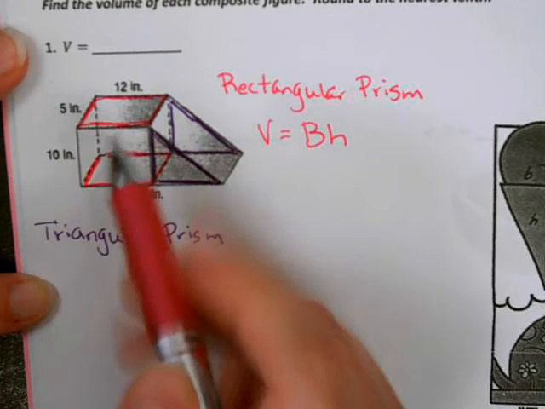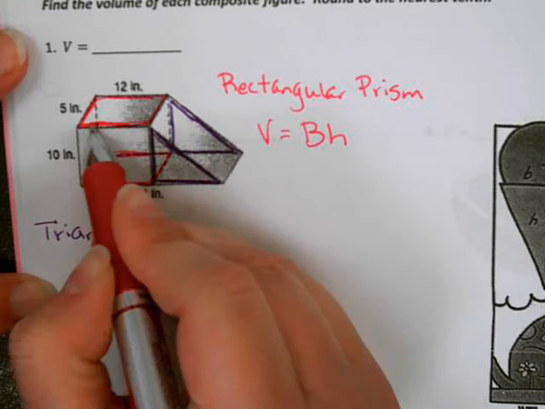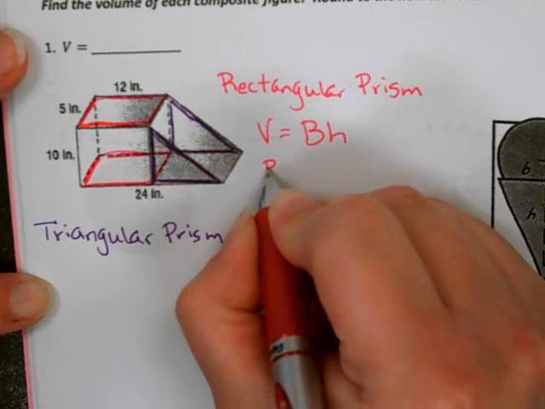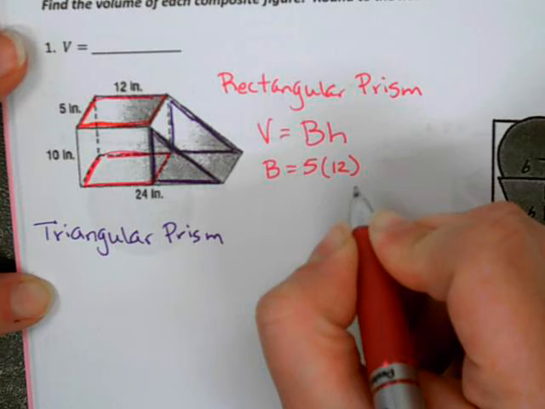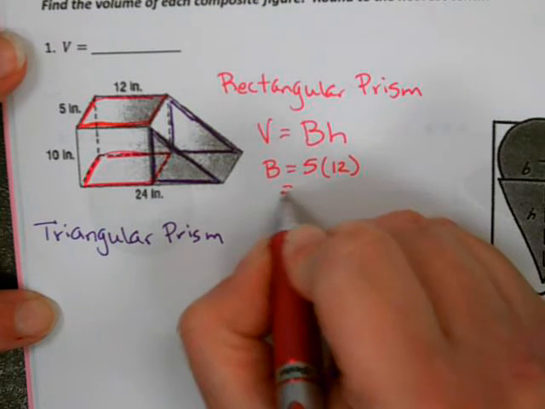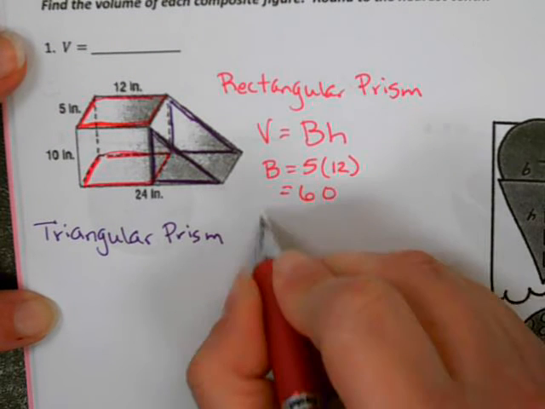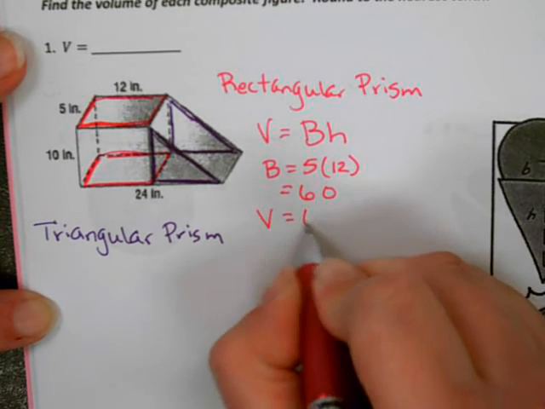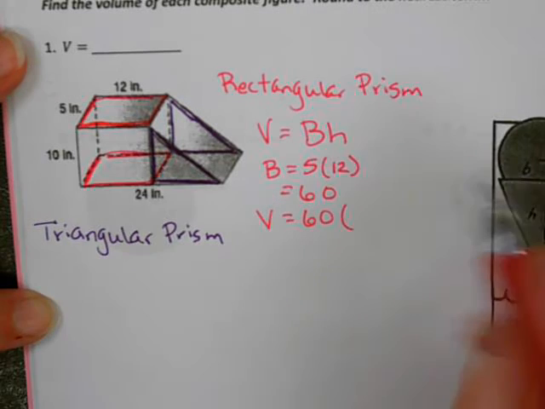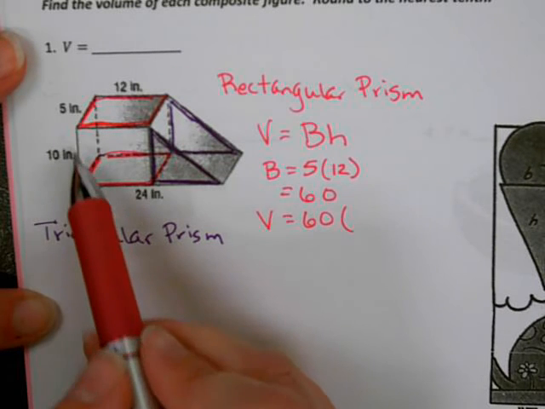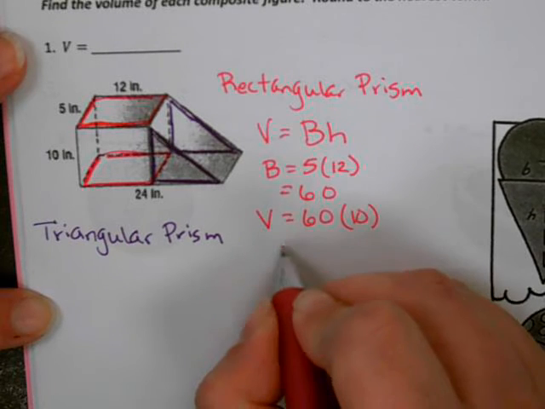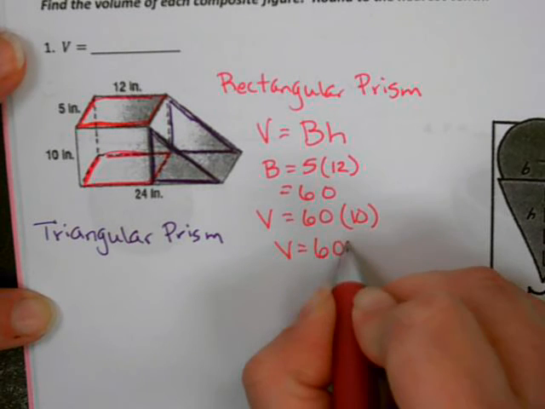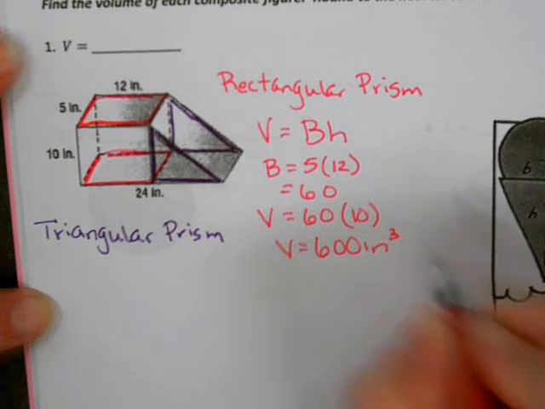Well, the base is that pink figure that I colored, and since it's a rectangle, area of the base is just 5 times 12, which means we get the area of the base to be 60. So the volume of that prism is going to be 60 times, we need the height of the prism. Remember, the height is the distance between the two bases. So in this case, it's that 10. So that volume, nice and easy, is 600 inches cubed.